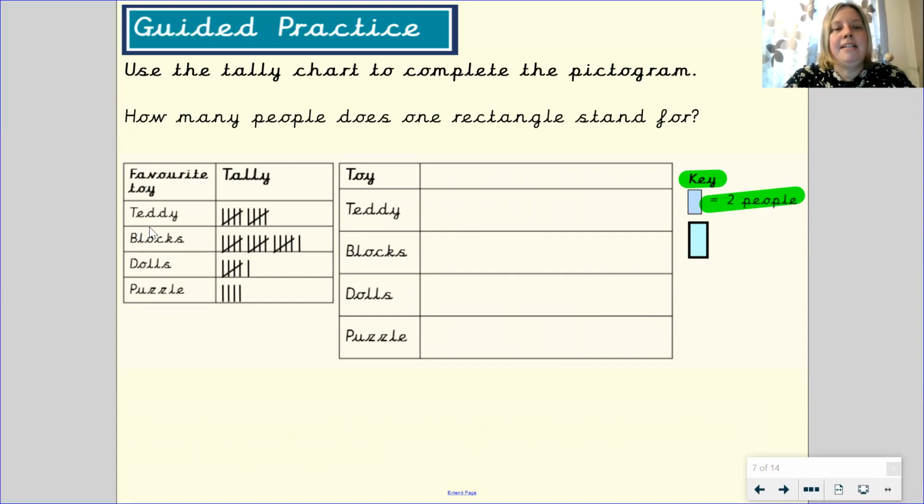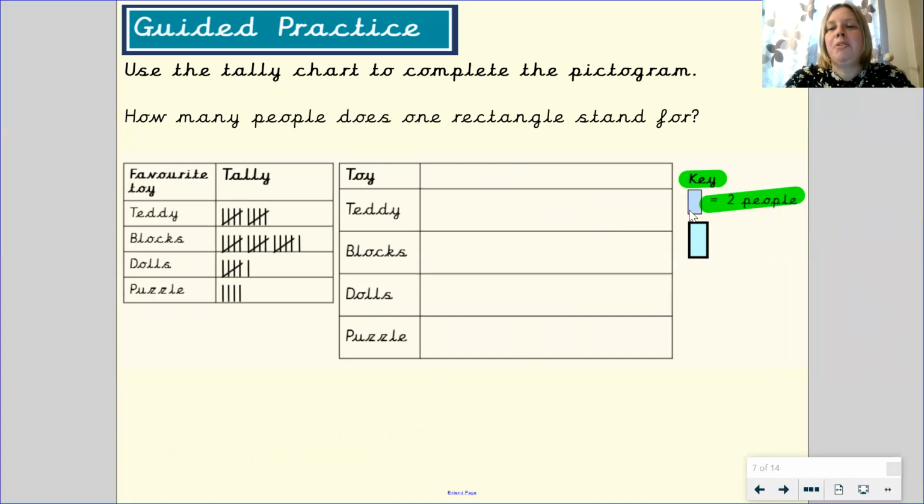Let's look at our teddy first to see how many people voted for a teddy as their favourite toy. What are we counting in? We're counting in fives. Count with me. 5, 10. So then I go over to my pictogram and I find my row that says teddy.